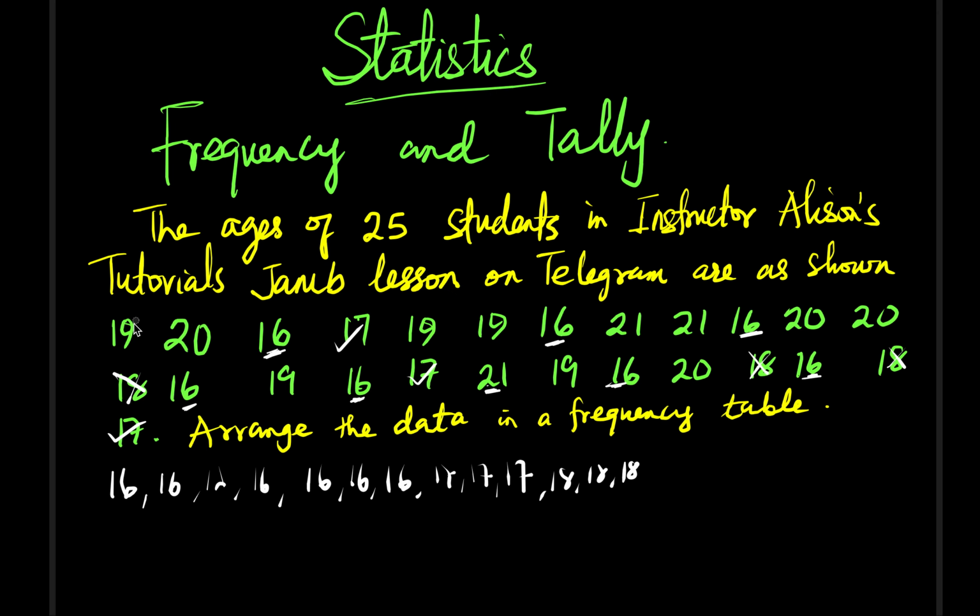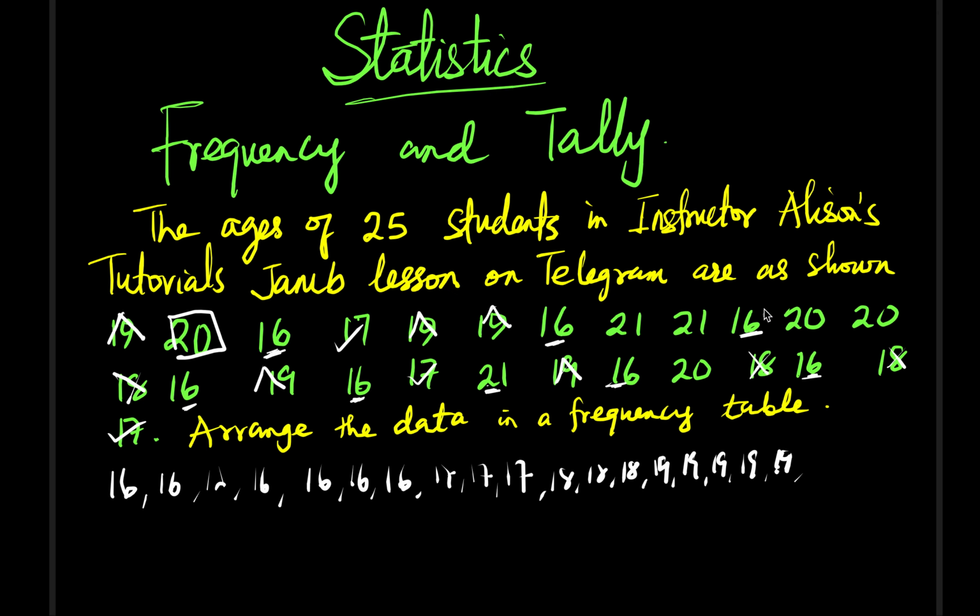So the next number is 19. Let's use something like this. 19, that's the first one. 2, 3, 4, 5. I think we just have 5 of it. So let's put it down. We have 19, 1, 2, 3, 4, 5. Next, let's use a box for 20.